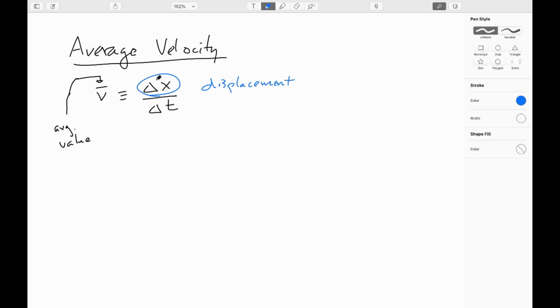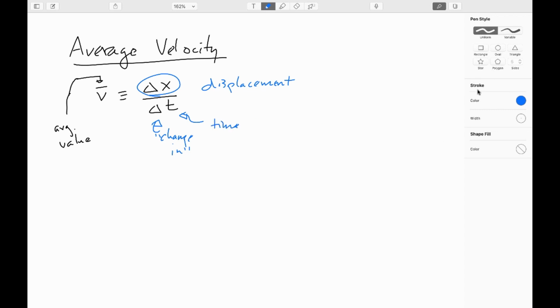And we remember that the delta should be read as change in what? X's position. So displacement is change in position. Here we have, again, this is change in here. And change in what? Change in time.